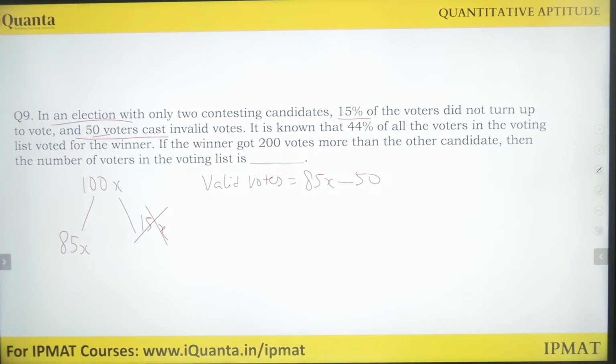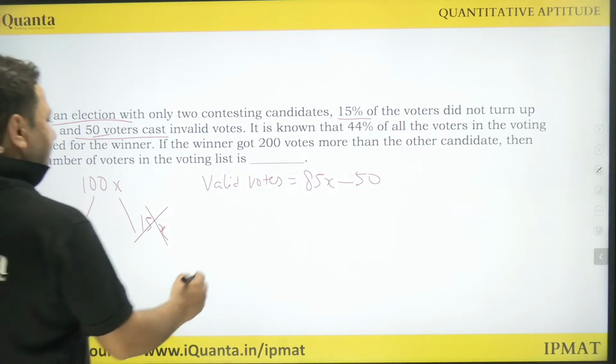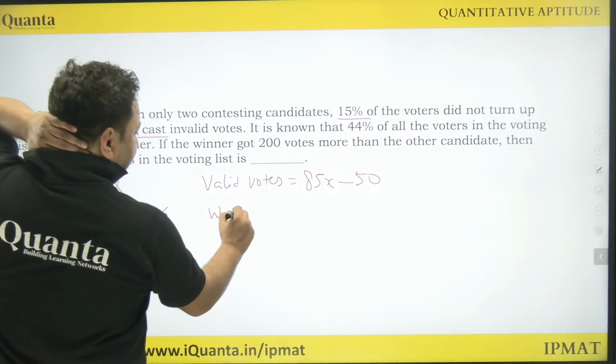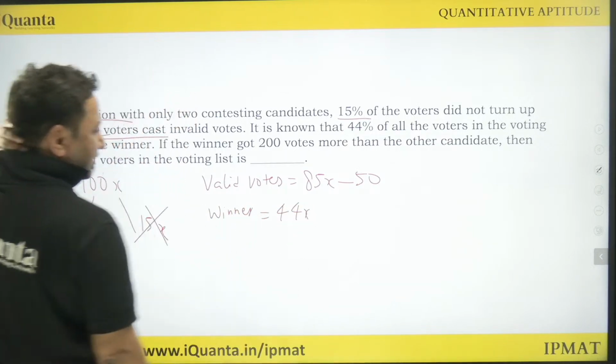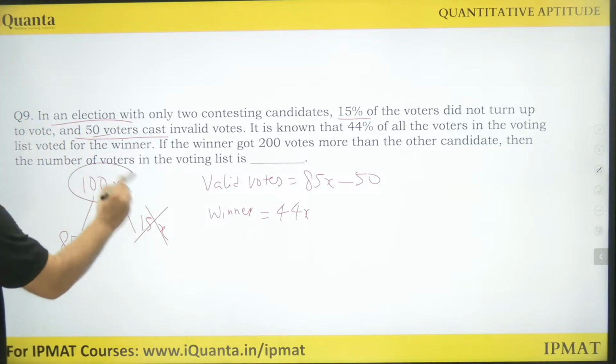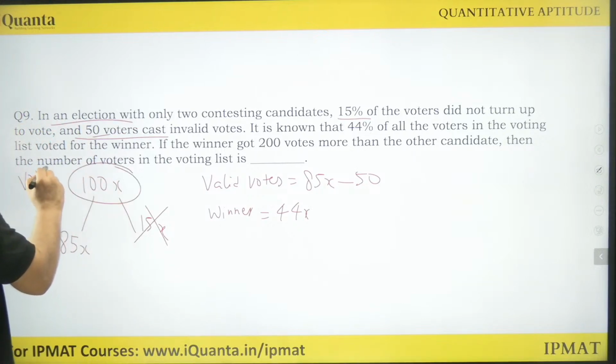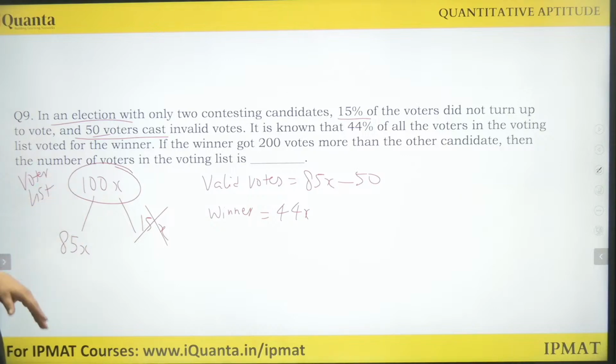It is known that 44% of the votes in the voting list voted for the winner. That means the winner got how many? 44x votes in the voter list. In the voter list we have 100x. I hope you understand that. In the list we had 100x, but 15x did not turn up. But still, in the voter list it is 100x.